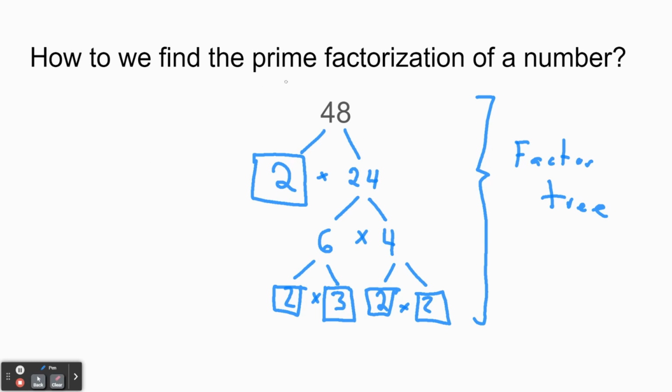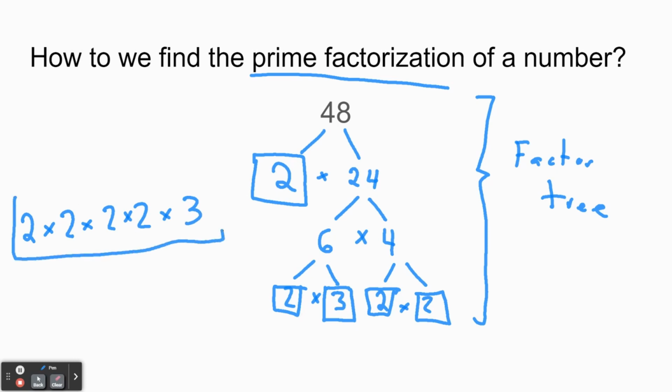So, in terms of what our prime factorization is then, we're going to take all of our prime numbers, and we're just going to multiply them together. So we have 2 times 2 times 2 times 2, and then we have 1 times 3. And this thing is going to be our prime factorization.